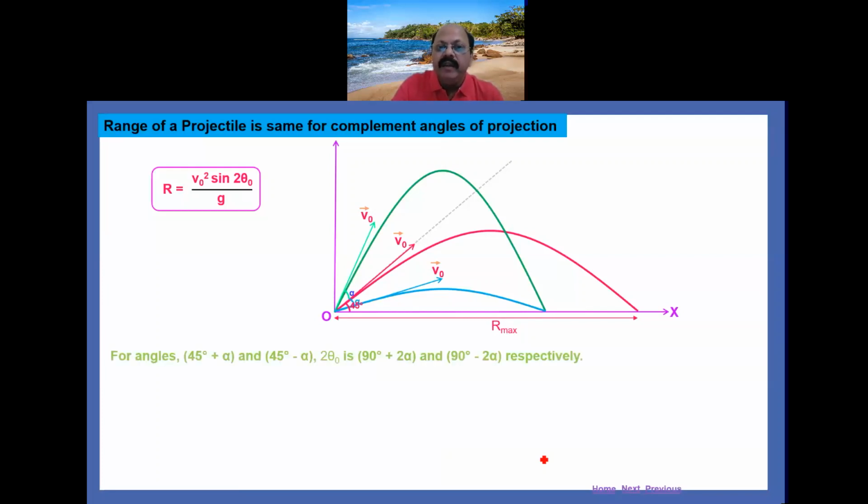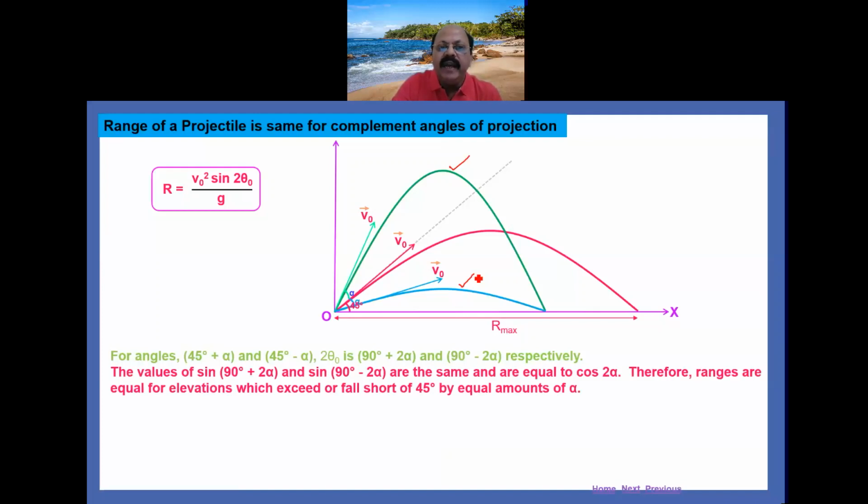So what you are getting: at 45 degree only you are getting the maximum range, and for the rest, for example, we say that the angle is 45 degree plus alpha or 45 degree minus alpha. So in both the cases you can see here, this is represented by green line and this is represented by blue line, which are 90 plus 2 alpha and 90 minus 2 alpha respectively.